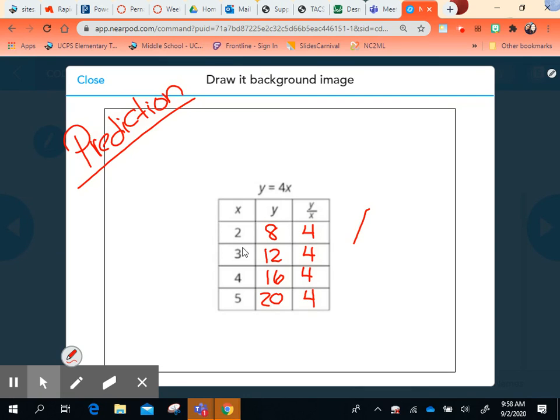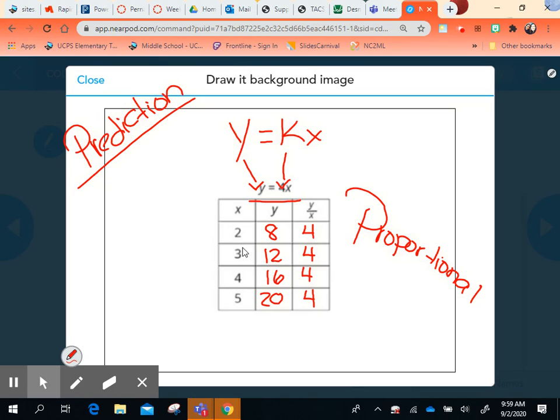So it was a proportional relationship. Remember, proportional relationship equations come in the format of y equals kx. So if you look at our equation, we have y, our k is our unit rate, and then our x. And notice how the unit rate in here was 4, and when we solved, it was the same number because that's our unit rate.